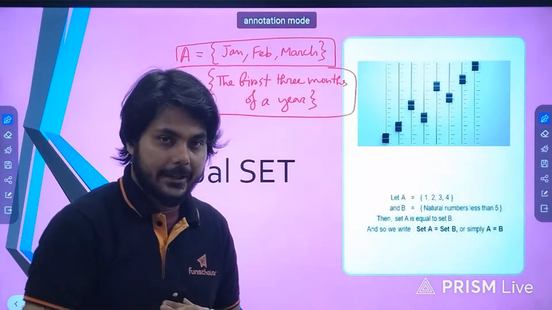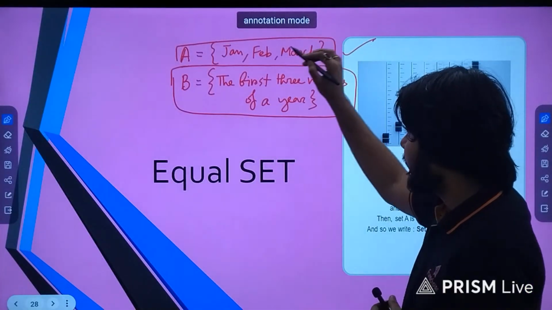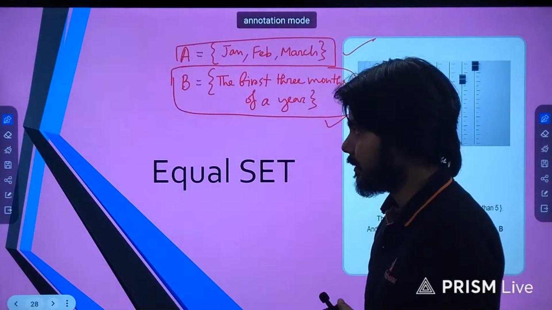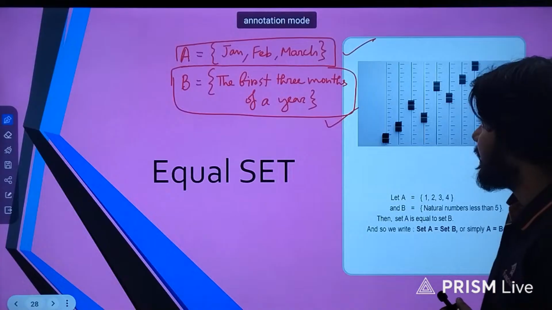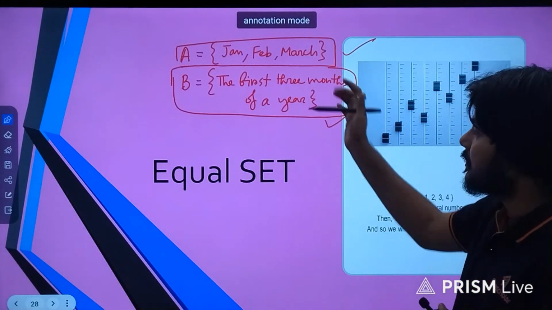The first set has been written as the tabular or roster form, and in case of the second set, you will find the description method of representation. First set denotes January, February, March, and the second set denotes the first 3 months of a year.